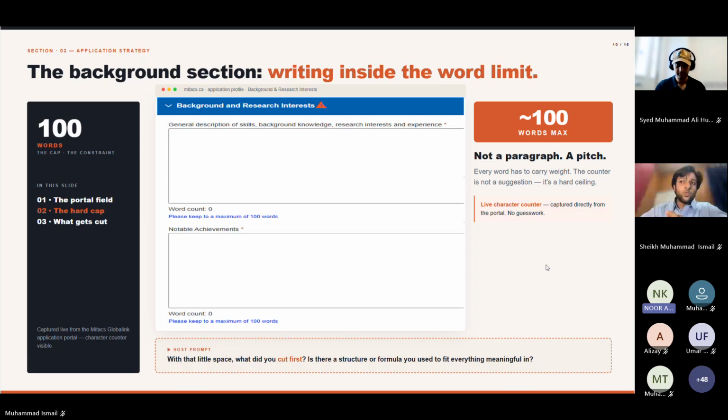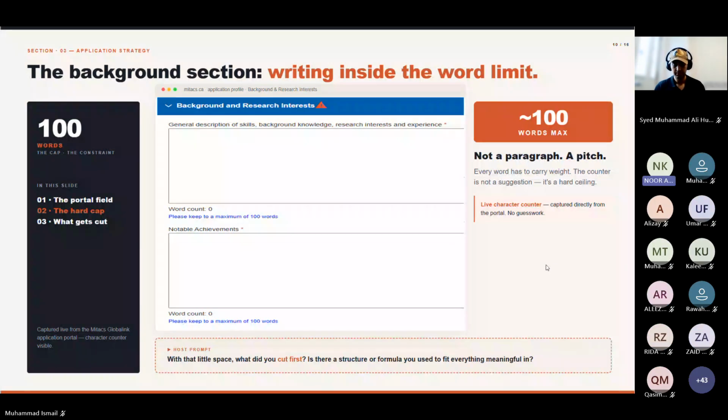Okay, so first of all, what you have to keep in mind is that these are just one part of your entire profile. You also have a resume, a CV with this. So try to make sure that you are showing the entire picture. If there's something missing from your CV, make sure it's here at least.